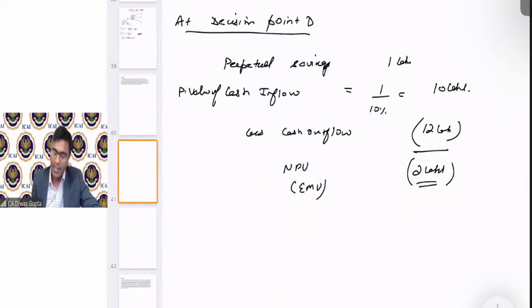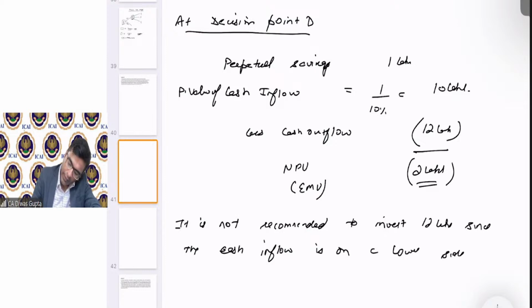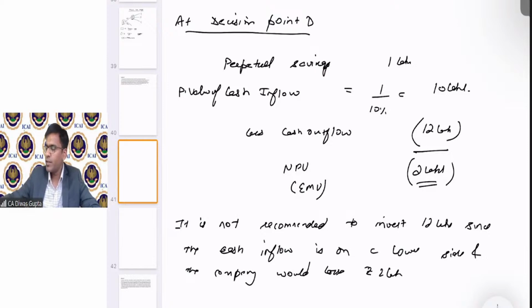Then at decision point D, it is not recommended to invest 12 lakh rupees since the cash inflow is on a lower side and the company would lose rupees 2 lakhs. Okay. So this discussion is clear.